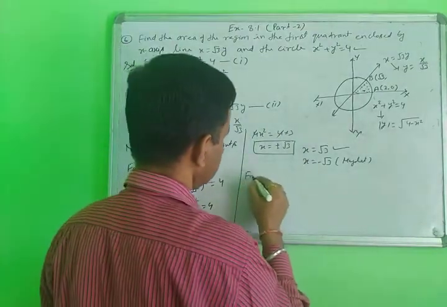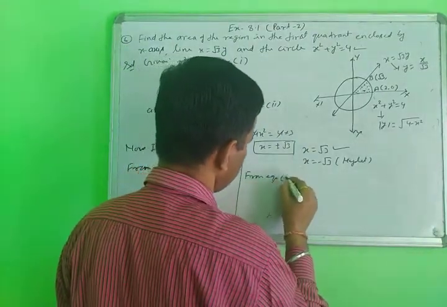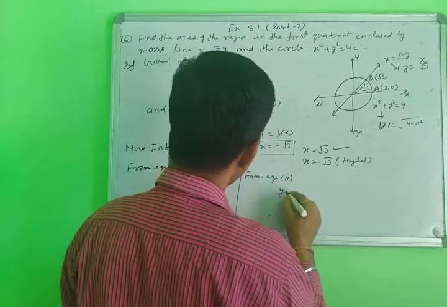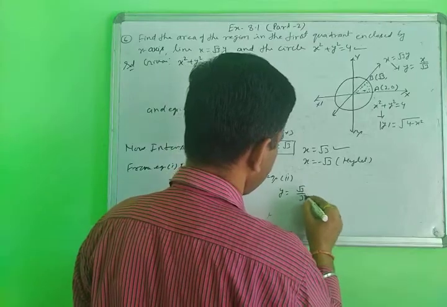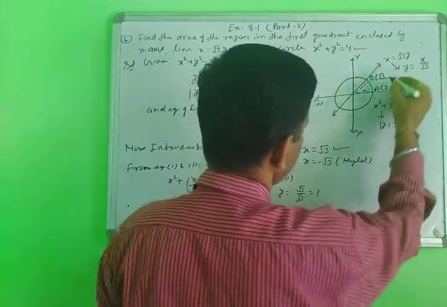Then putting this value in equation second, you get the answer here. From equation second, y equal to x upon root 3. What is the value of x? Root 3 upon root 3, the value of this is 1.